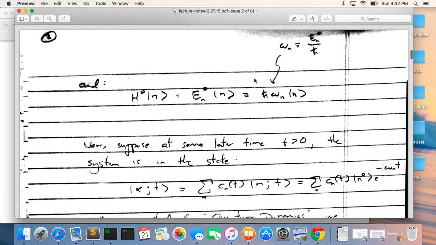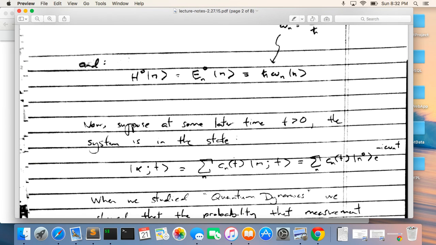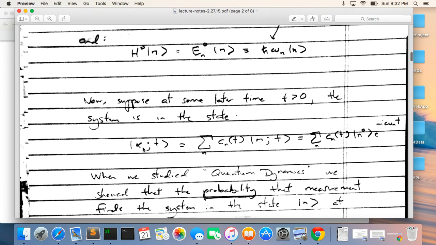And that's typically the case, where we will work in the Heisenberg picture. So at some later time t, we could be in some superposition of these states. And so we can always rewrite our general state alpha, which now depends on time, as a linear combination of these eigenkets times some coefficients. And then I could also rewrite this in terms of the time-independent piece and pull out this exponential.